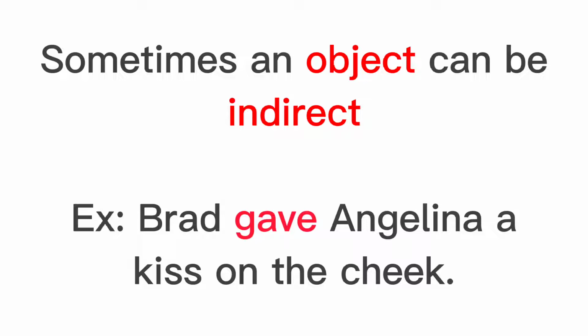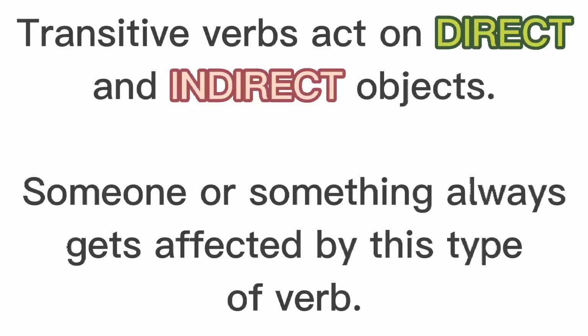To whom it happened was Angelina, the indirect object of the given sentence. Transitive verbs act on both direct and indirect objects. Someone or something always gets affected by this type of verb.